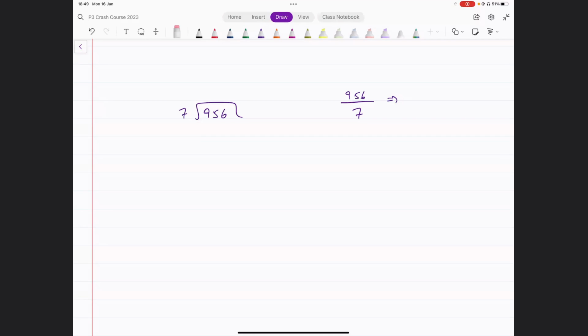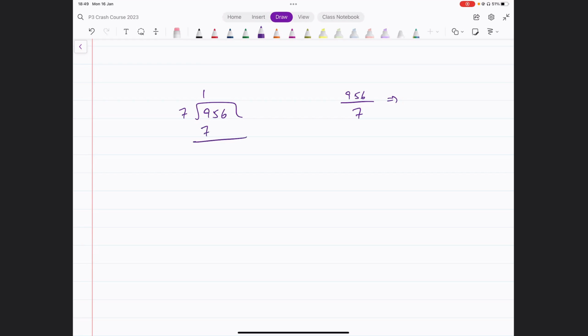And now what you do is you think about how many times we have to multiply 7 such that you get a number that is the largest possible number less than 9. So 7 को किससे multiply करेंगे कि आपके पास 9 से छोटा number आए? You can multiply by 1 first. 7 times 1, what does that give you? 7 times 1, that gives you 7.